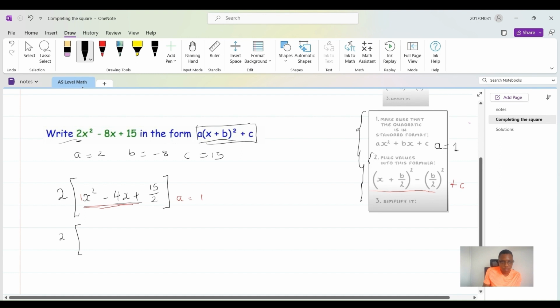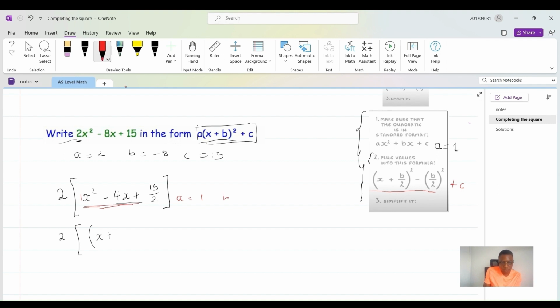So what do we have here? We're going to have x, right, plus b. What's our b in this case? B is negative 4, right? B is equal to negative 4. Then c will be equal to 15 over 2. So let's do that. So b will be negative 4 over 2, right?